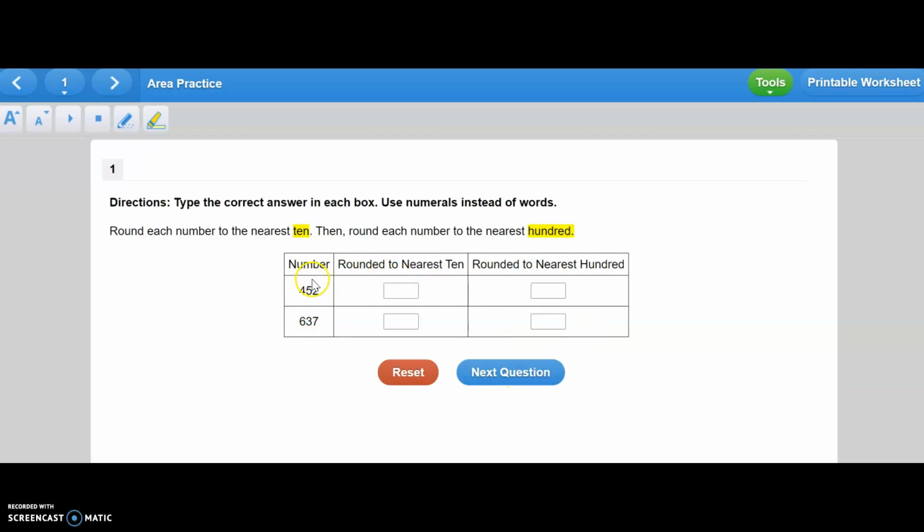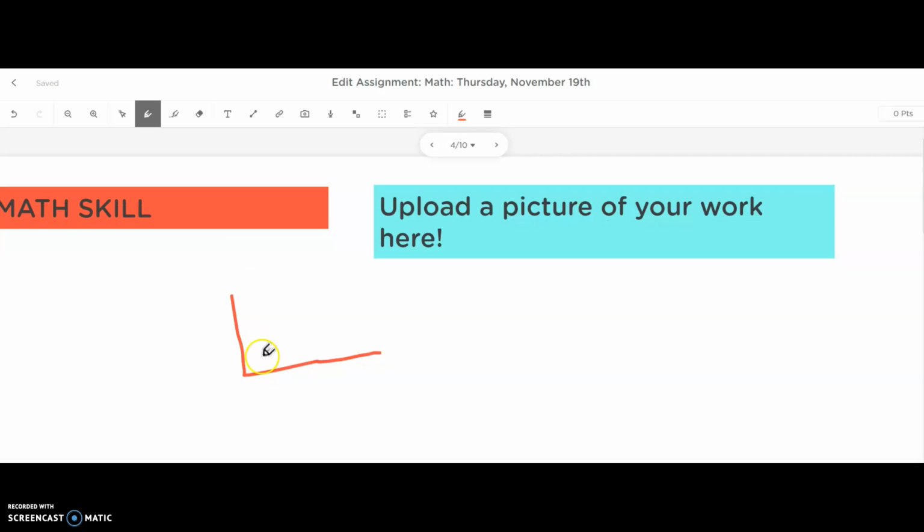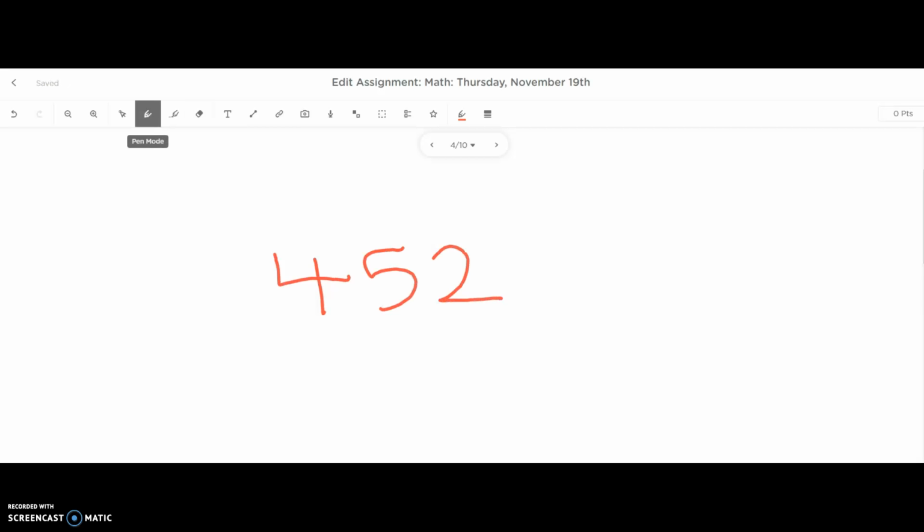So the first one, we have 452, and we need to round that to the nearest 10. So I'm going to write out that number, 452, and I need to round that to the nearest 10, so I'm going to find my tens place.